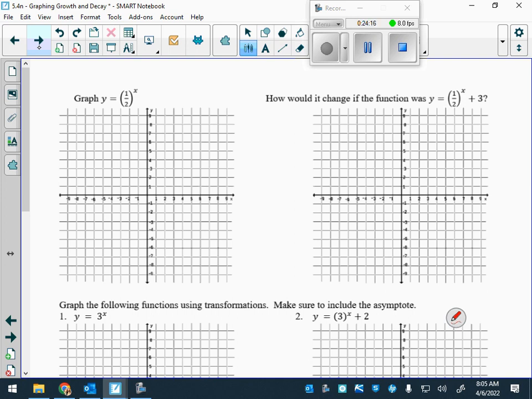So again, we're going to start off. We have 1/2 to the x, so automatically, what type of graph do we have? Growth or decay? Excellent. All right. So, we have 1/2 to the -2nd. What do we end up getting?